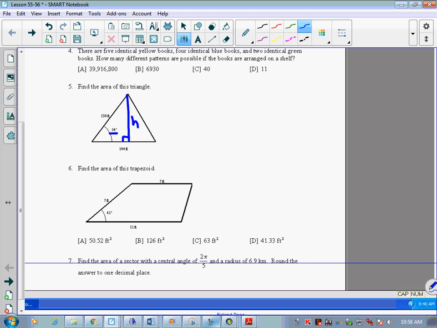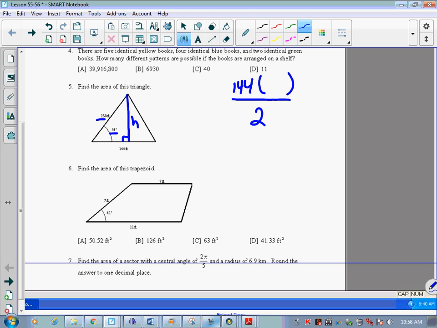Now this is 54 degrees, and I think that's 138 feet. So what we have to do is find the missing length, the height, of that right triangle based upon trigonometry. We know we're going to divide by 2, and we know that our base of this triangle is 144, correct? So don't forget what we're trying to do, okay? We're going to find the height, but that's not the final answer.